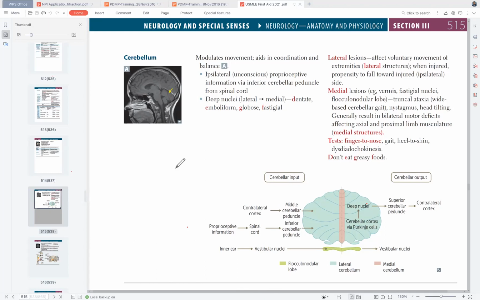I think about the cerebellum as: why is it positioned at the back of the brain? So that it can receive all the sensory information, right? It can control the back of the body. That is how I look at the cerebellum.